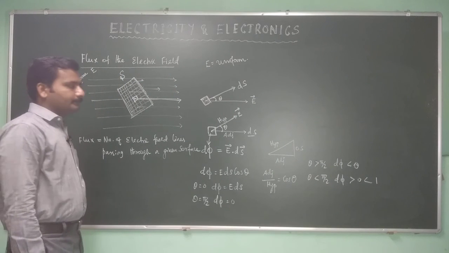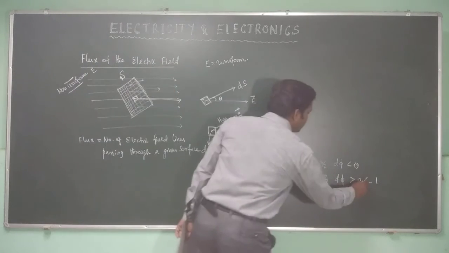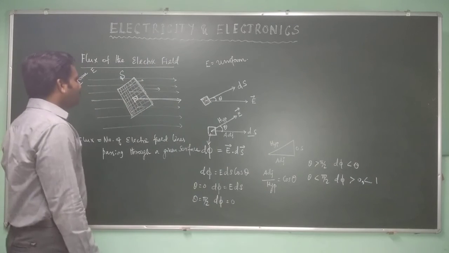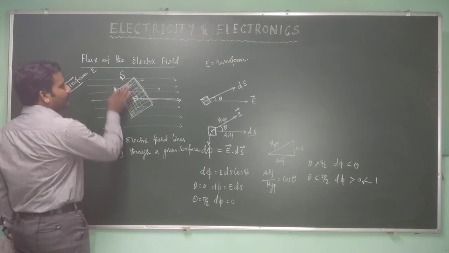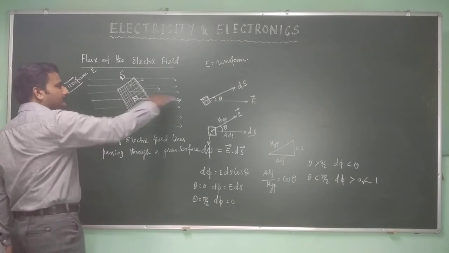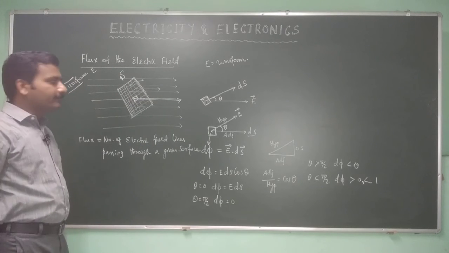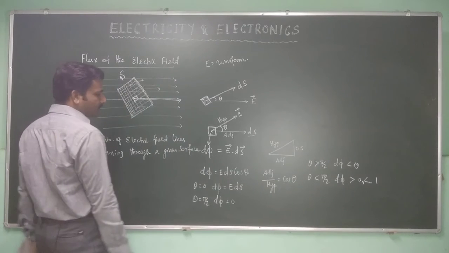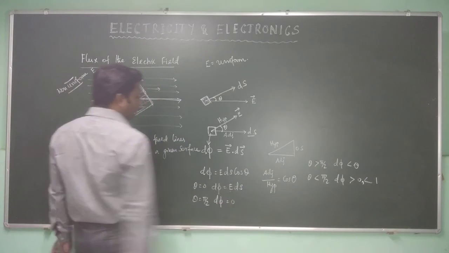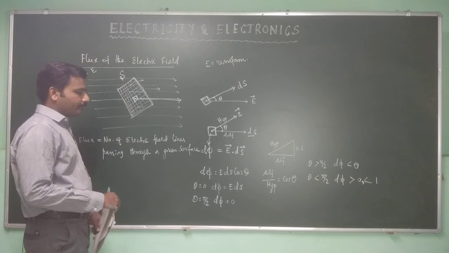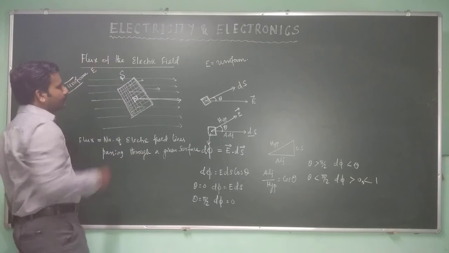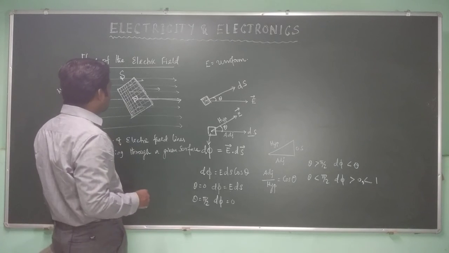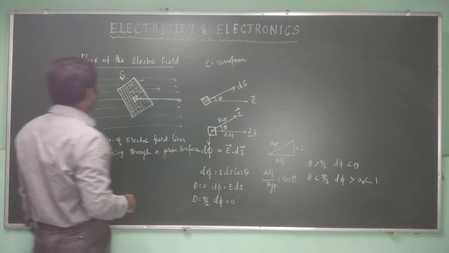Greater than 0 but less than 1. What does it mean? When this plane is along the electric field line, then d phi is nothing but the field multiplied by the component. If it is perpendicular, right? In that case, pi by 2 is perpendicular, when will it be perpendicular?